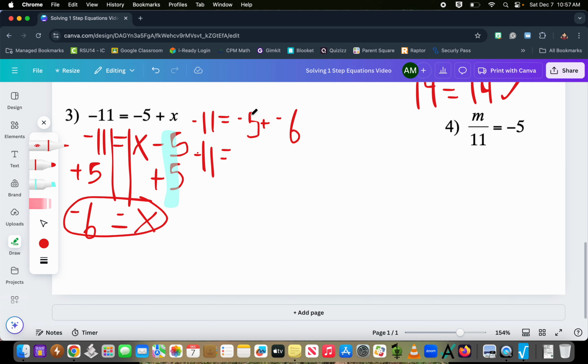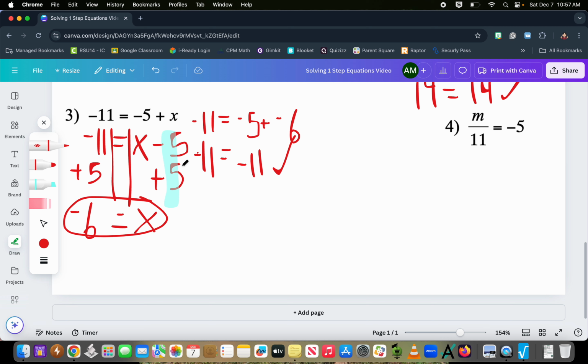I have two numbers here, they're both negative. I'm just going to add these two together, and they're going to stay negative. So 5 plus 6 is 11, and if they're both negative, they stay negative. So negative 11 equals negative 11. Our answer of negative 6 is correct.